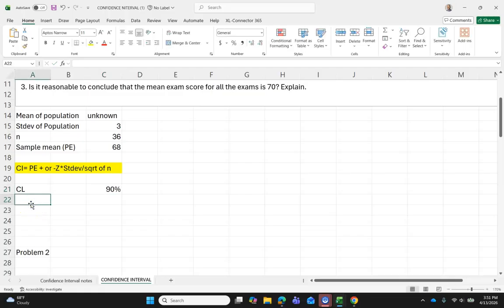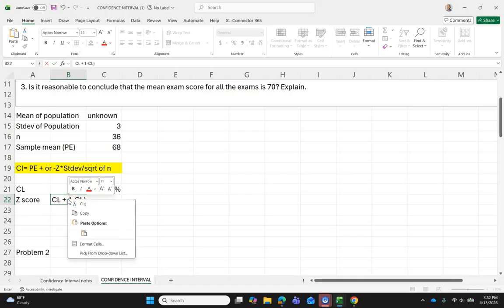And to get the z value, we are going to apply the formula for now, but I'll show you also another approach. To get the z score, we're going to use confidence level plus 1 minus confidence level, but this one has to be divided by 2.